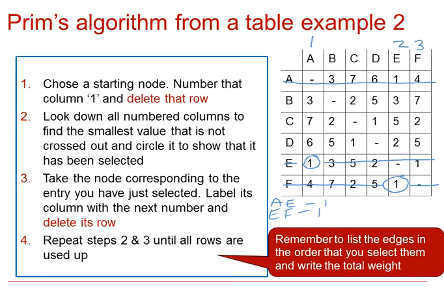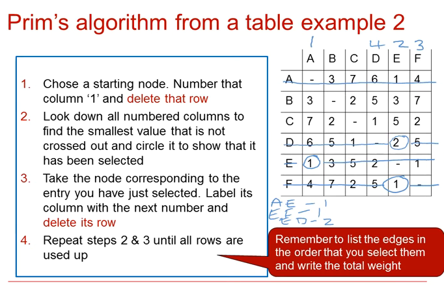I look down the columns A, E and F and I can see that the smallest is ED with a 2. So D column would be labelled a 4, and then I would cross out the row D.